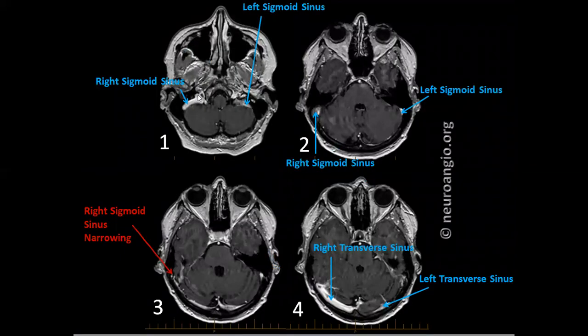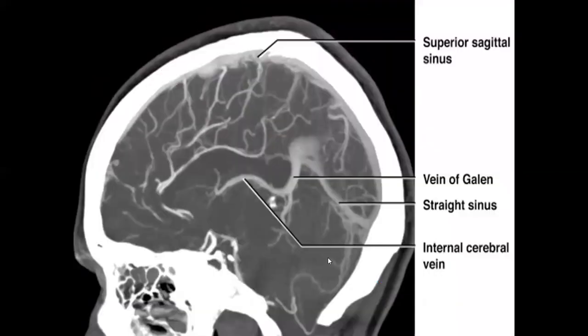So you can see this is the sigmoid sinus, these are the transverse sinuses. Again, you can see superior sagittal sinus, vein of Galen, straight sinus.